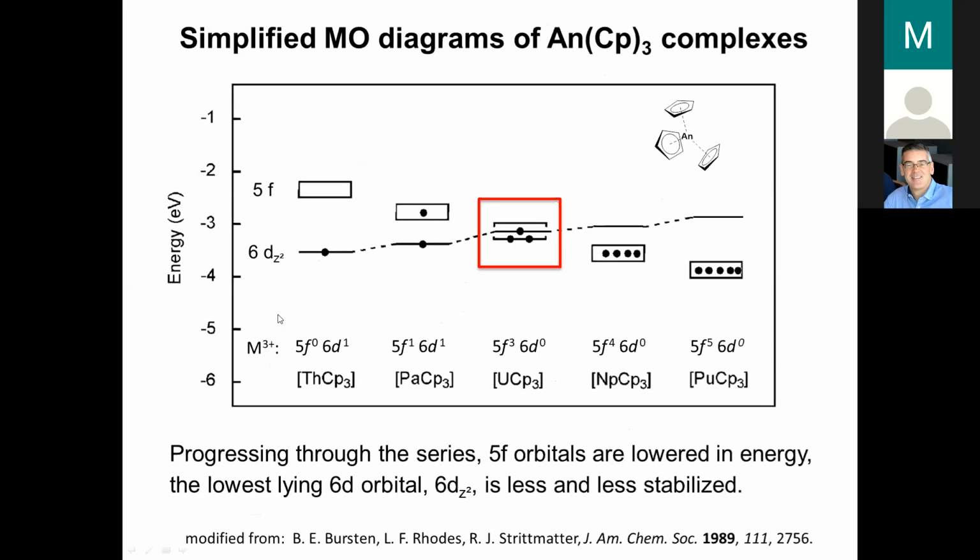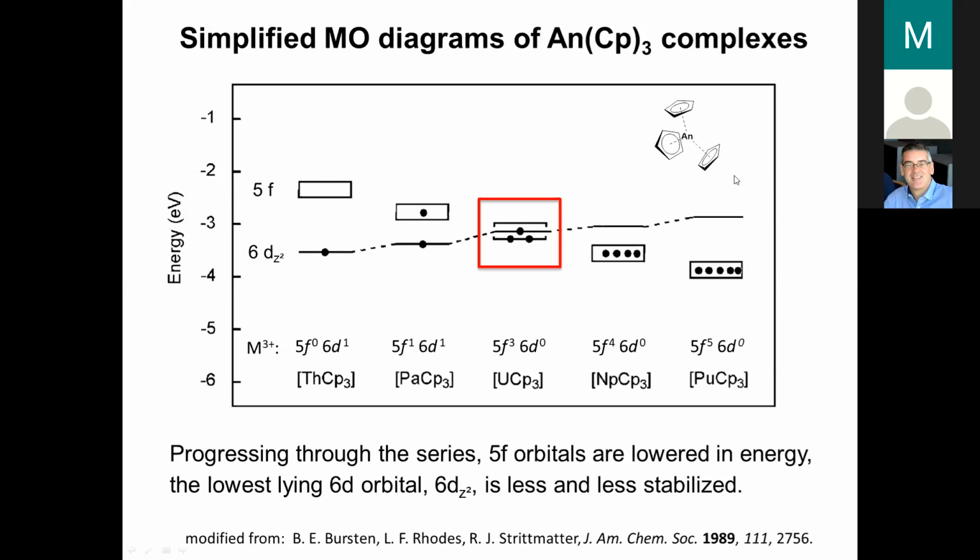So what happens for, again, cyclopentadienyl complexes for which these orbital splitting diagrams were calculated, the f orbitals are stabilized when going from thorium to protactinium all the way over to plutonium. So across the series, the f orbitals are more and more stable and therefore lower in energy.